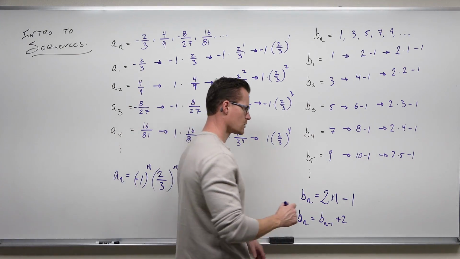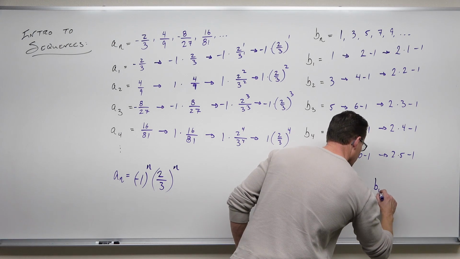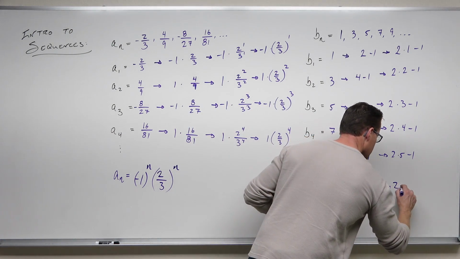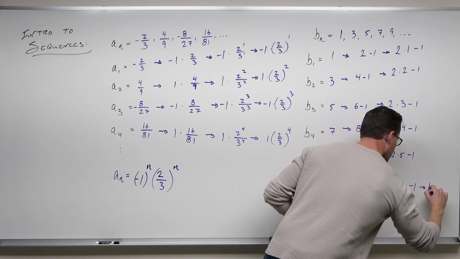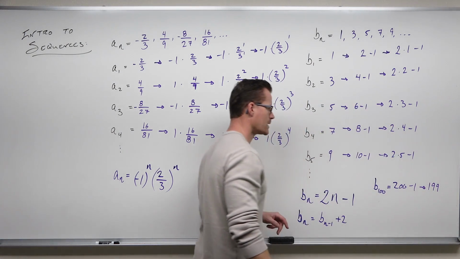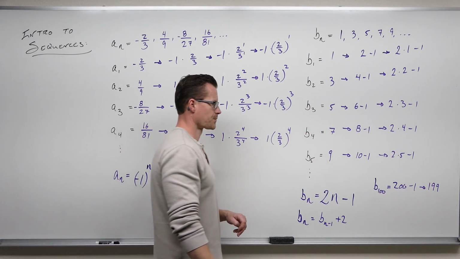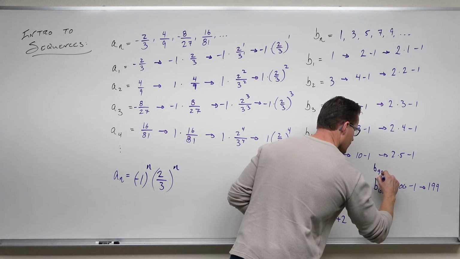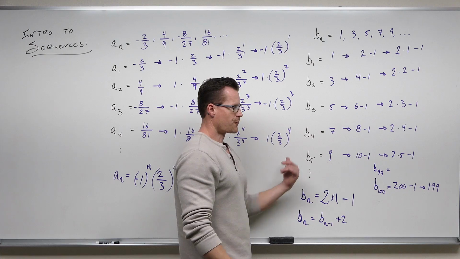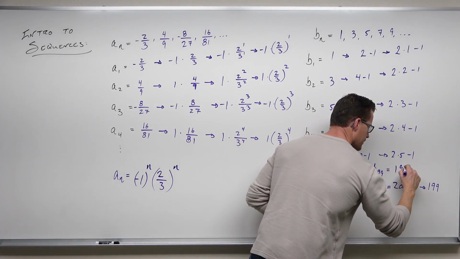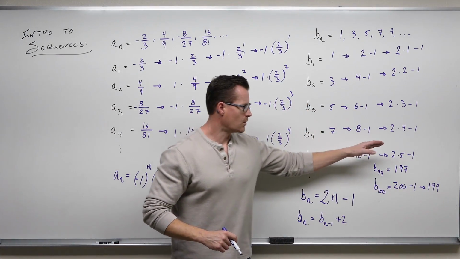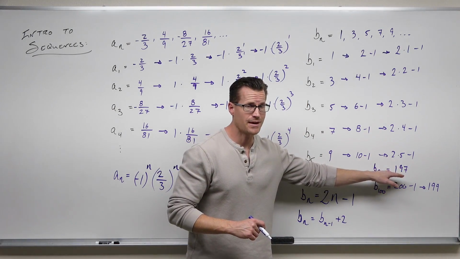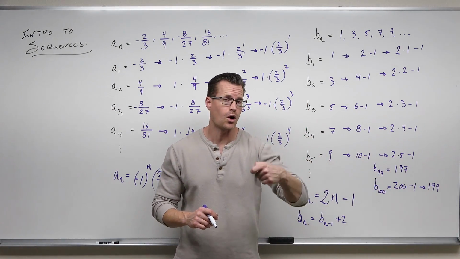So like if I just told you b sub 100 is 199, the term right before that would be 197. So the odd numbers would be 197 and 199. The 99th term would have to be 197. Those are sequential odd numbers.